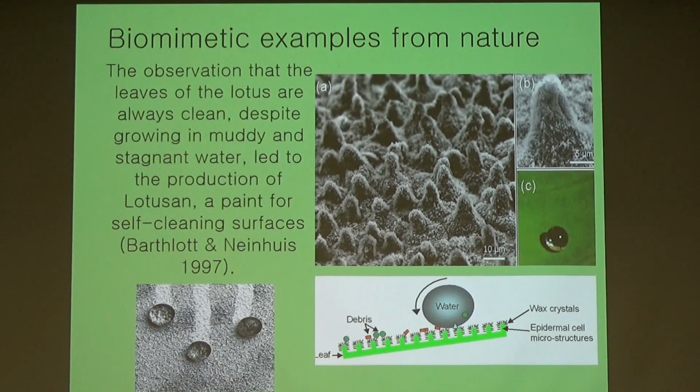There's some chemistry involved, but it's mainly down to these little structures. And so this has been translated into a paint. There's a paint that takes the design principles from this structure, and it's now commercially viable. There are paints that have these kind of properties.